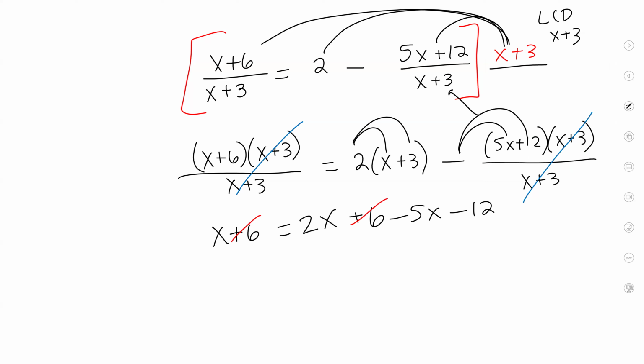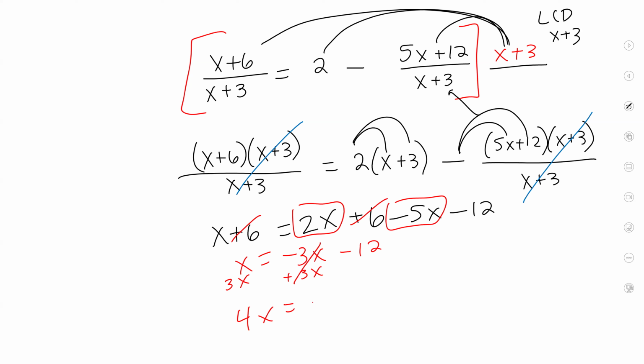They're on opposite sides. So I'm left with x equals 2x minus 5x is negative 3x. Then I can add 3x to both sides. X plus 3x, that's 4x, equals negative 12. Then divide by 4. So x equals negative 3 is your potential answer.